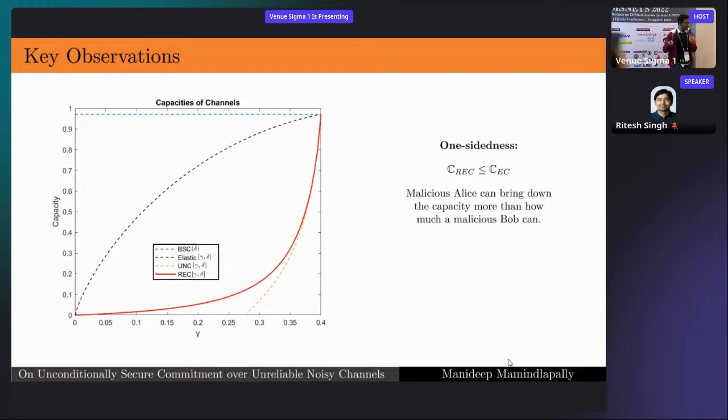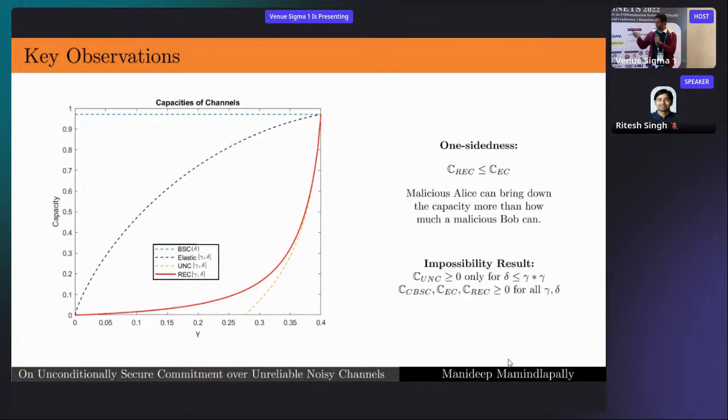So it looks like a malicious Alice is able to bring down the commitment capacity much more than a malicious Bob can. And another thing is the impossibility result. We see from the plot here that the capacity expression for elastic channels as well as the compound channels is always positive, but for the UNCs, commitment is only possible for delta less than gamma convolution gamma.